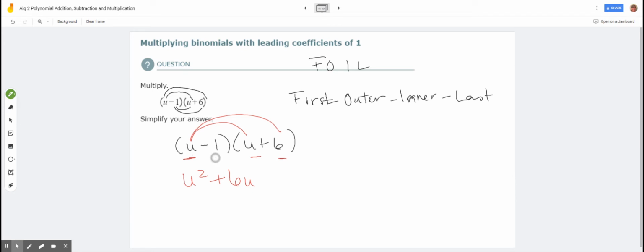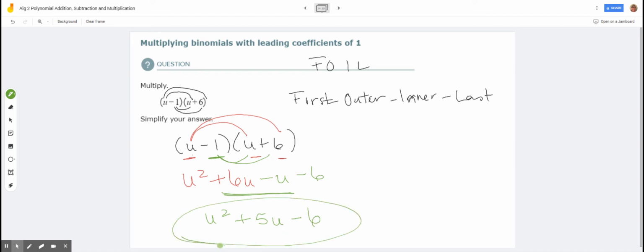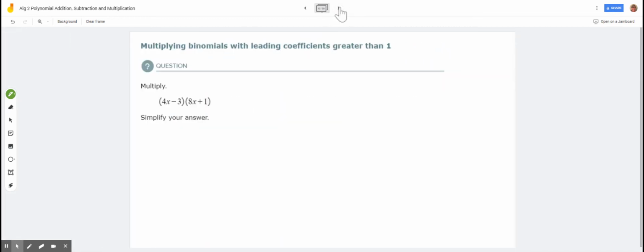Then we're going to take the second term and multiply it by both of these terms. So minus U minus 6. Then you're going to usually be able to combine the two middle terms, not always, but combine the two middle terms and you will get a trinomial most of the time. Binomial, binomial, trinomial. Okay. All right.